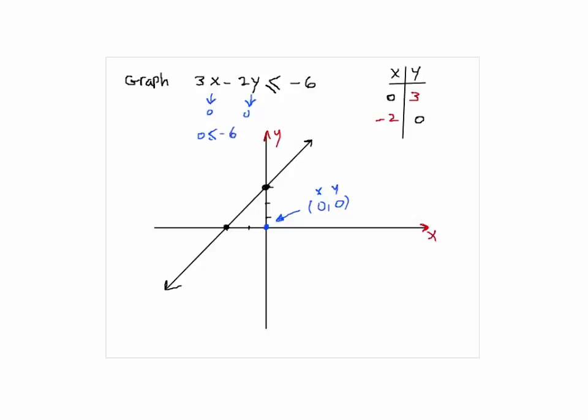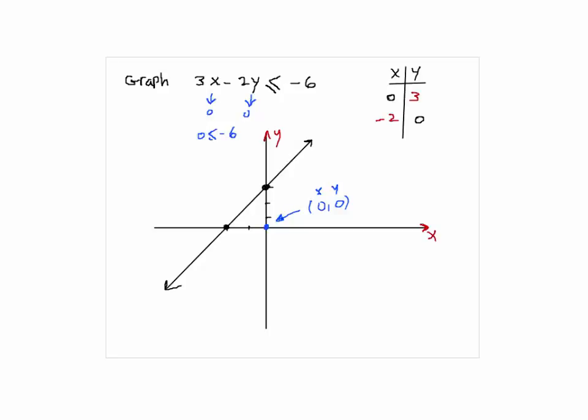Does that make sense? That 0 is less than negative 6? Yes or no, anyone? No. 0 is not less than, 0 is greater than negative 6, right? So it means this is not the solution, so the solution must be on the other side of the line.